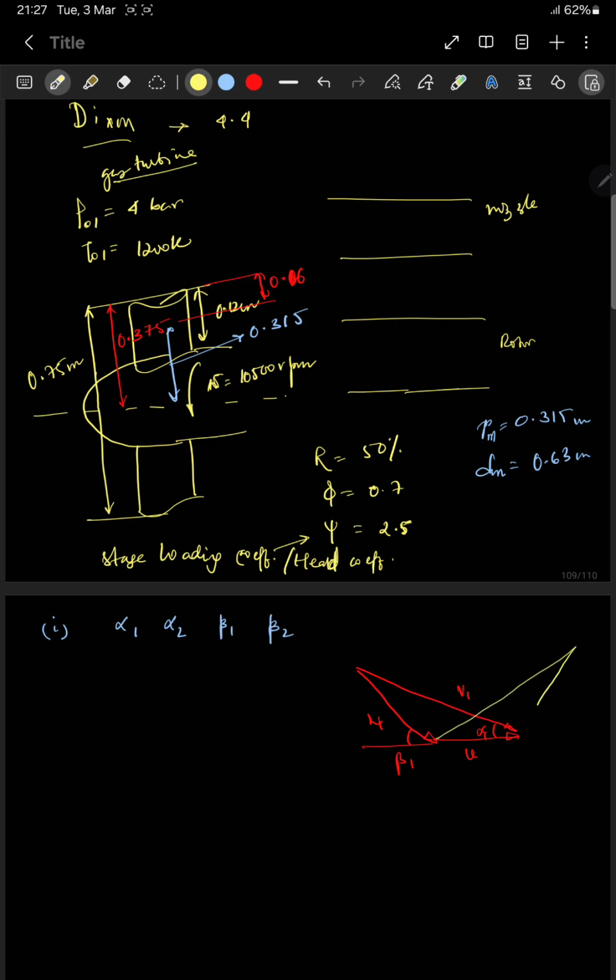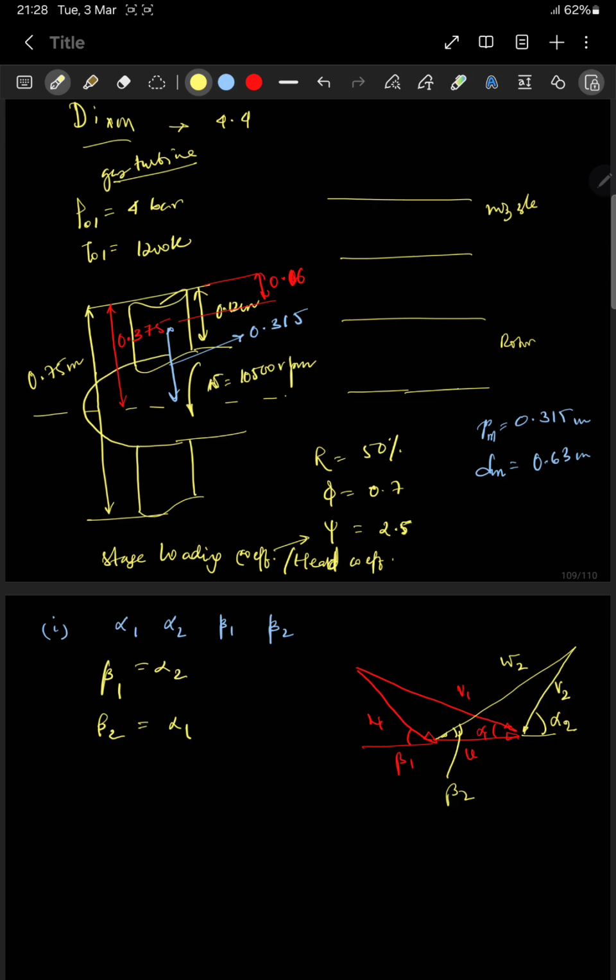This is the outlet, V2, W2, this is beta 2, this is alpha 2. Since it is 50%, we have beta 1 equals alpha 2, and beta 2 equals alpha 1, right?